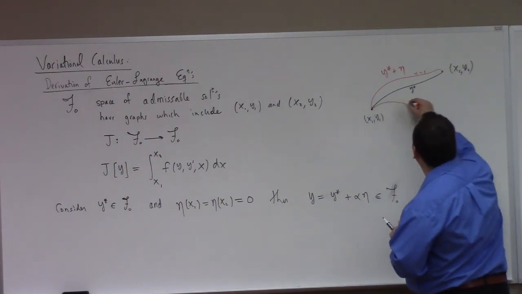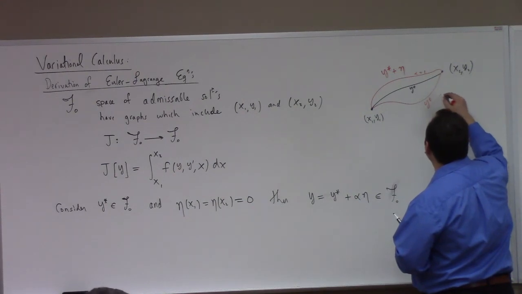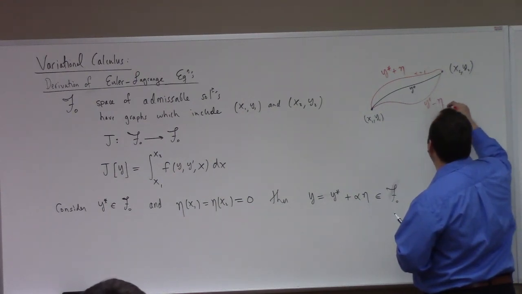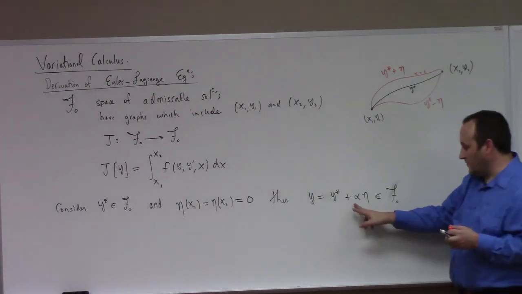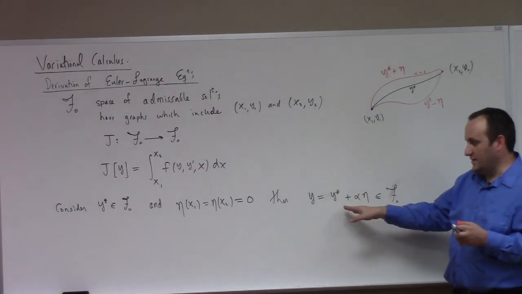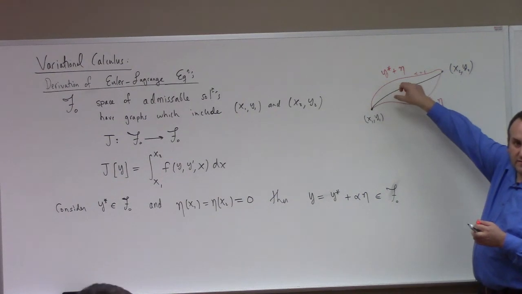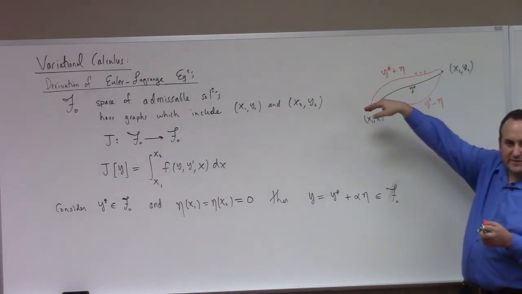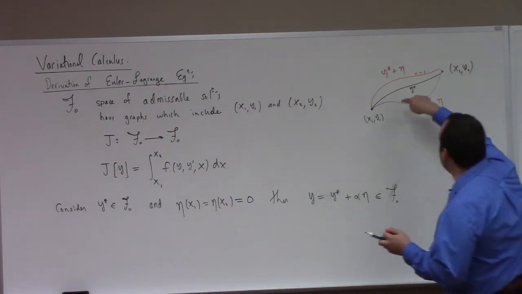Or maybe down here, sorry, I tried, it's probably not a very good graph, but maybe that's alpha equals -1. So when you have alpha equals 0, as you vary alpha, here a real number, if we pick different real numbers, we're kind of just blowing up this eta above or below. And maybe eta doesn't have to stay on one side or the other. Eta could cross the graph of y star as well. So the real story is much more complicated.